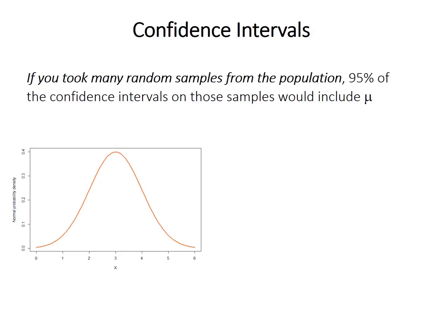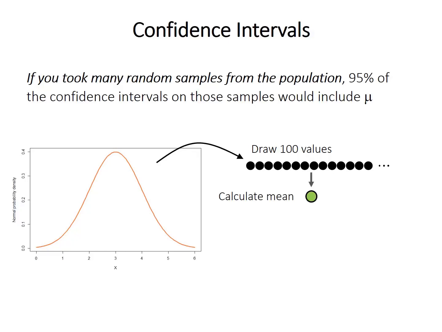So the curve on the left is, say, our known population with a mean of 3. We can simulate this method by saying, okay, let's take a random sample of 100 values from our population with a known mean and a known standard deviation. We'll calculate the mean of that sample.